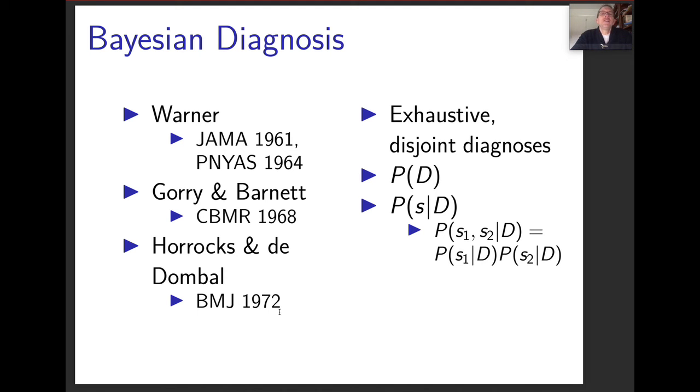And I also need to know the probability of some symptom, which I am labeling S here, given some particular disease. So if the disease is COVID-19, what percentage of the people with COVID-19 have a fever?